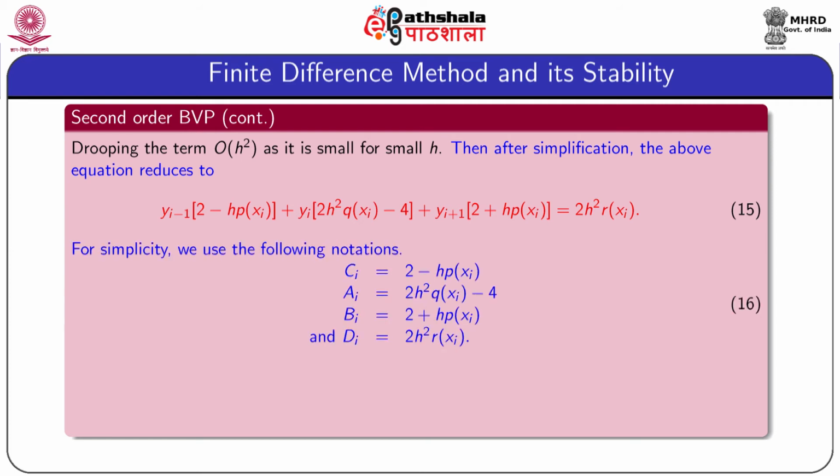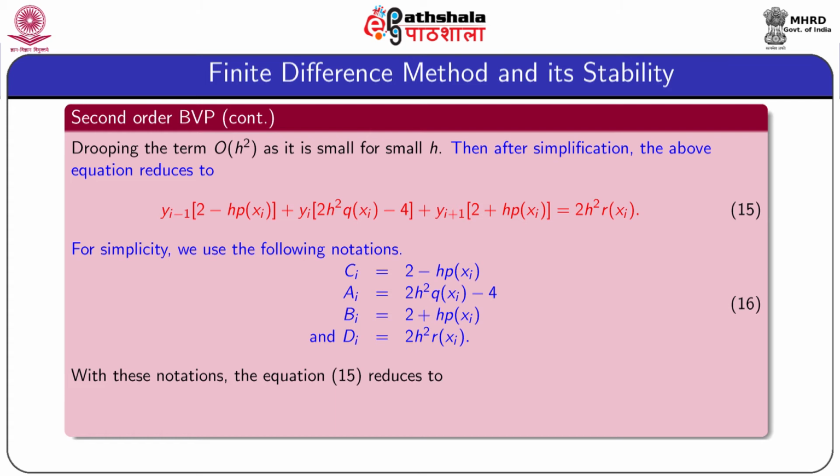For simplicity, we use the following notations. The coefficient of y_{i-1} is denoted by c_i, and coefficient of y_i is denoted by a_i, coefficient of y_{i+1} is denoted by b_i, and last term is denoted by d_i.